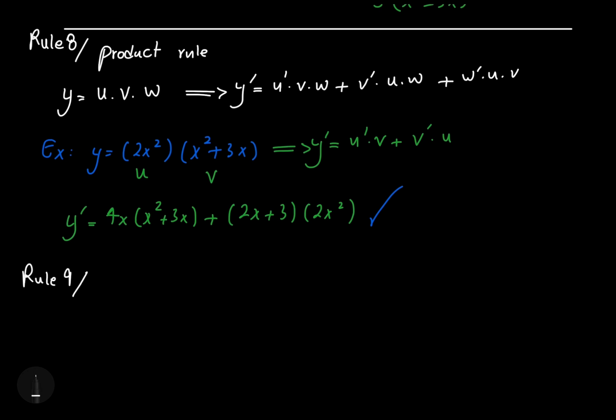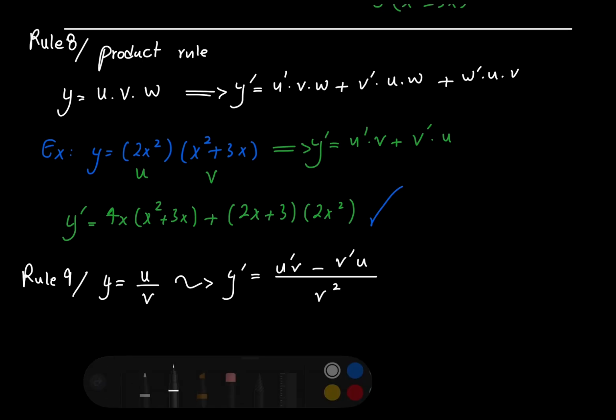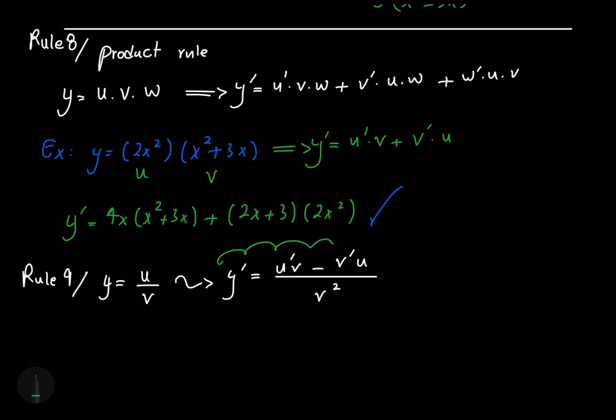In the quotient rule, we learned that if you have a function like y equals u divided by another function v, we can simply take the derivative by taking the derivative of the first function, so u prime, multiplying it by v, and then subtracting the derivative of the function on the denominator, v prime, multiplied by u, and then dividing it by the square of whatever is on the denominator. So this is known as rule number 9, which is also known as the quotient rule.